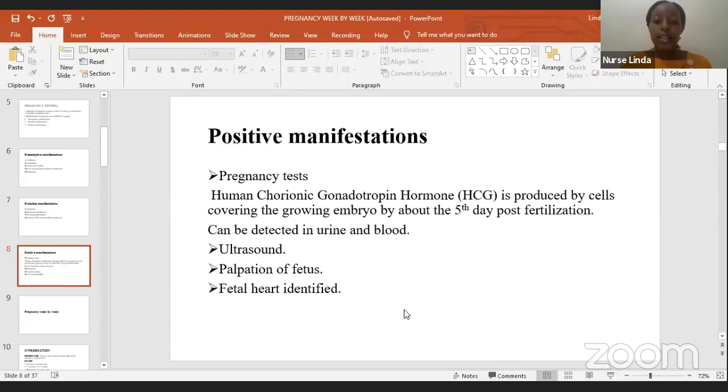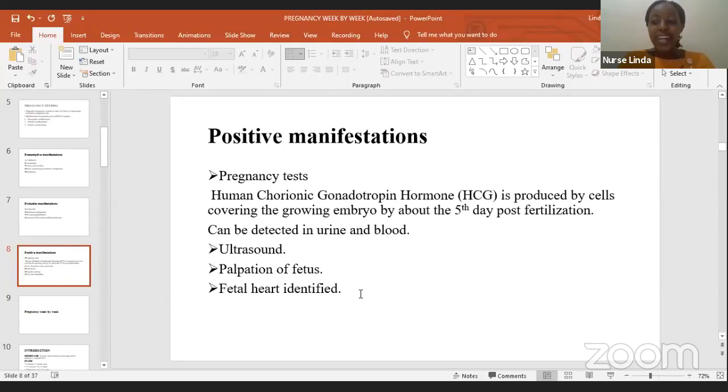Okay, and then the last test is a fetal heart that can be identified. This can be identified by your reproductive healthcare provider, and it can be identified either through the ultrasound, where the fetal heart can be seen, or through a fetoscope.